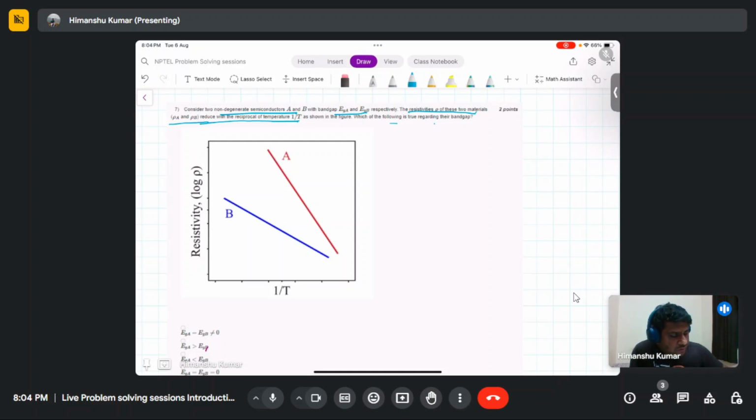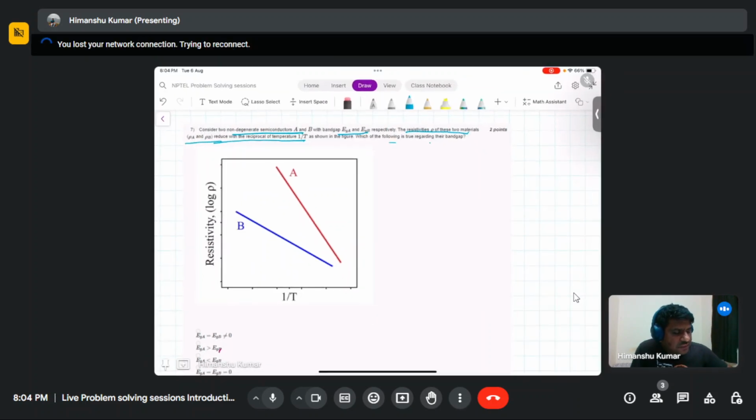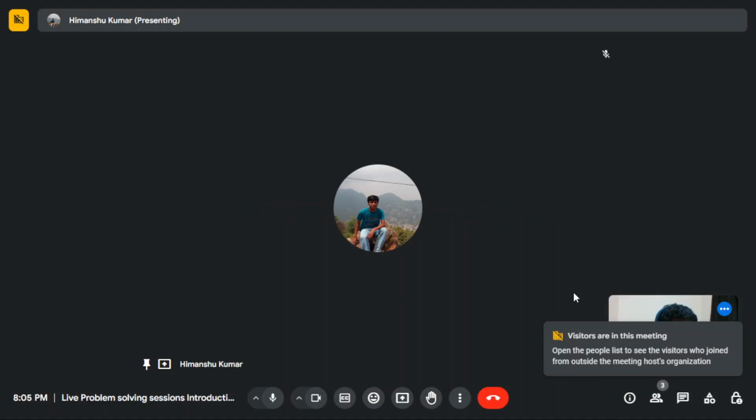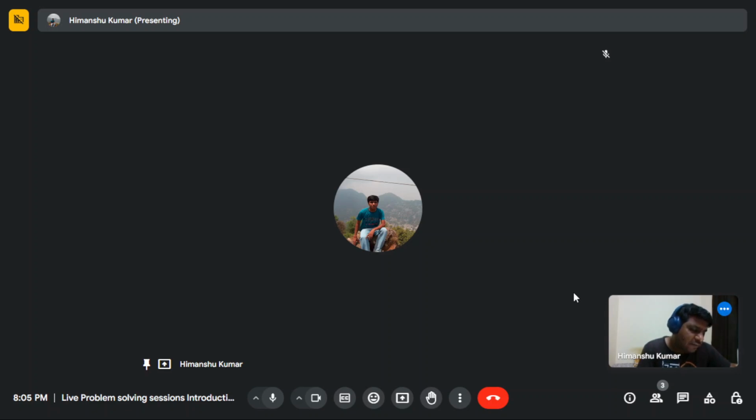If you take the log of rho, that will be proportional to minus log of Ni, which is a constant plus Eg by 2kT.